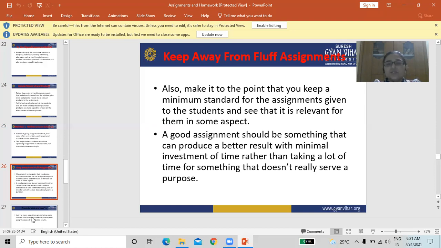A good assignment should be something that can produce a better result with minimal investment of time, rather than taking a lot of time for something that does not really serve a purpose.